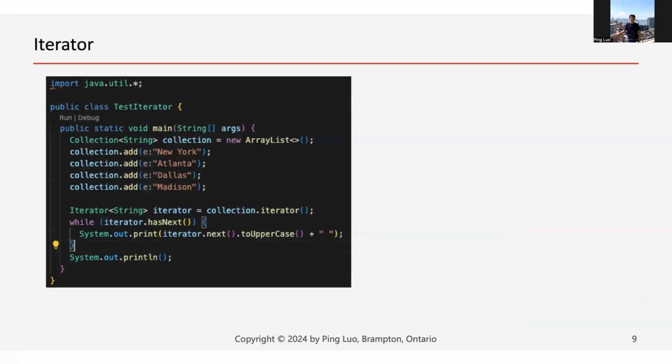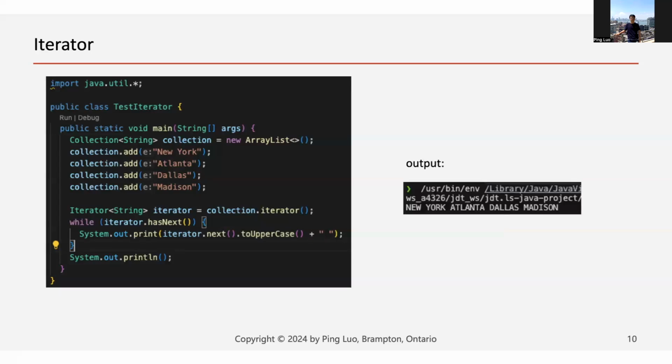If yes, we move to the next element, change that element to uppercase, and print it out. This is a very typical way of using an iterator to traverse the whole data structure. For example, this one just traverses every element and changes it to uppercase letters.